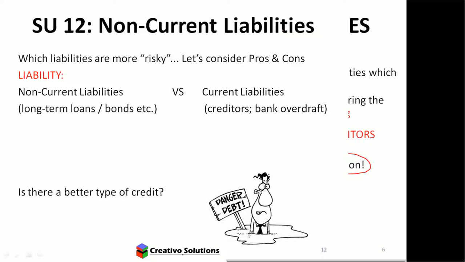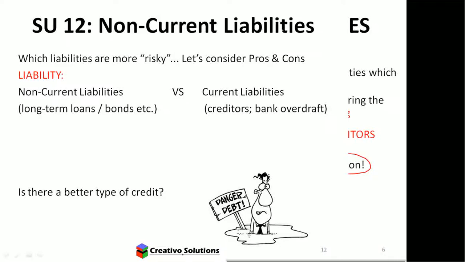Current liabilities will have a shorter time period. Long-term, non-current liabilities will have a longer time period. What else will be different besides the time? The amount. So which would you say is generally bigger? Correct, the long-term. Those loans that you're taking out for long-term assets are going to be a lot bigger than the short-term small loans.